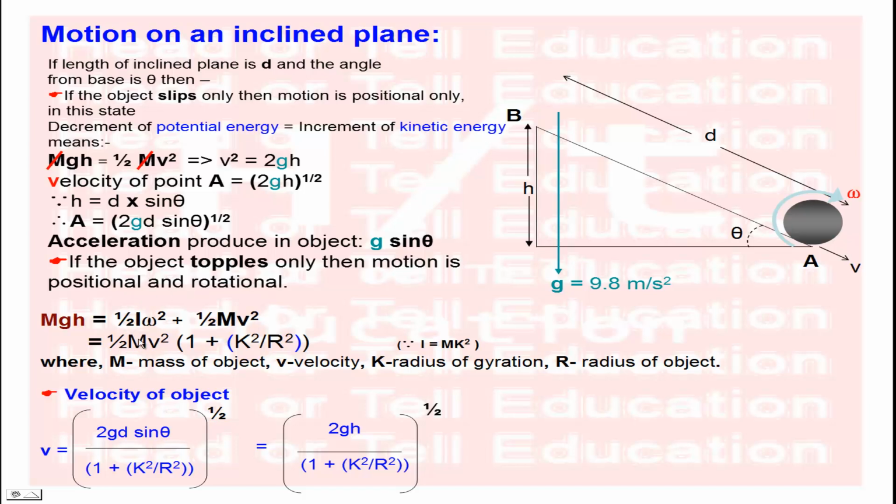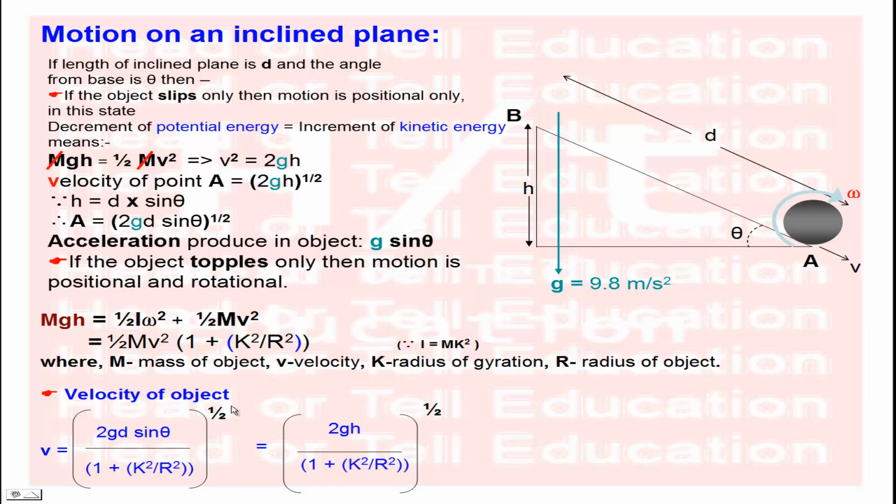So after adding, we know that I equals mk square, so replacing this value we get half mv square multiplied by 1 plus k square by r square, where m is the mass of the object, v is velocity, k is the radius of gyration, and r is the radius of the object.